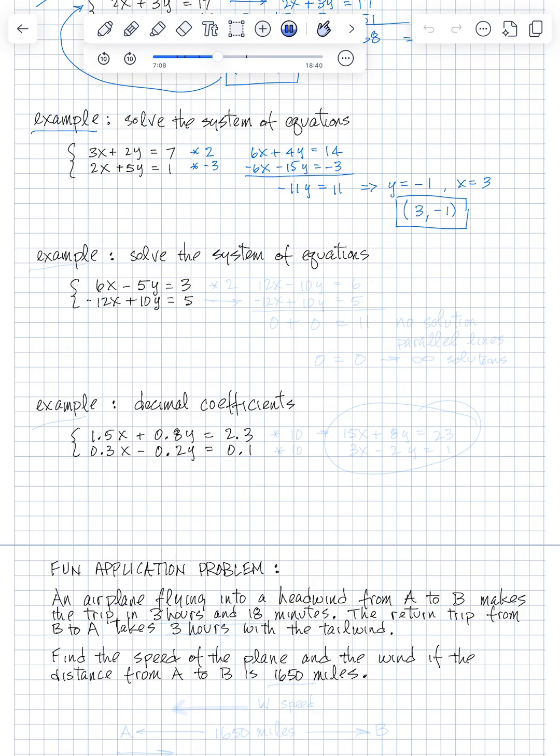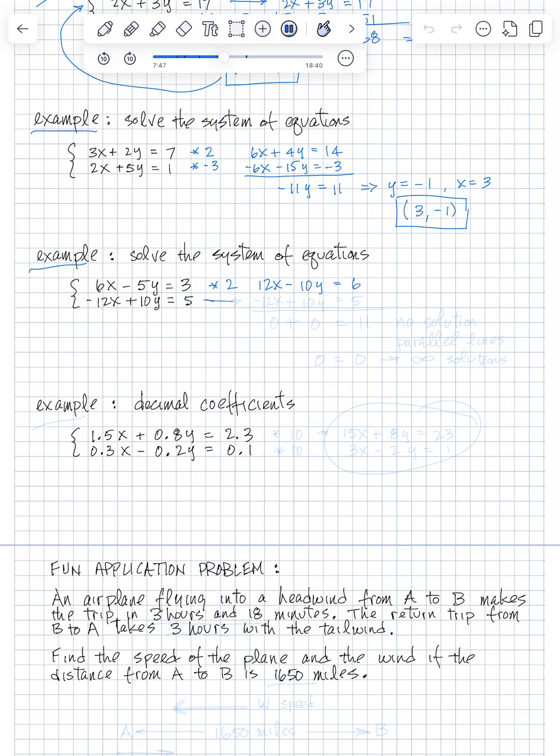Okay, the next example, solve the system of equations. In the first equation we have 6x minus 5y equals 3, and then negative 12x plus 10y equals 5. So let's multiply the top one by 2, and we'll add it to the bottom one. This gives us 12x minus 10y equals 6.